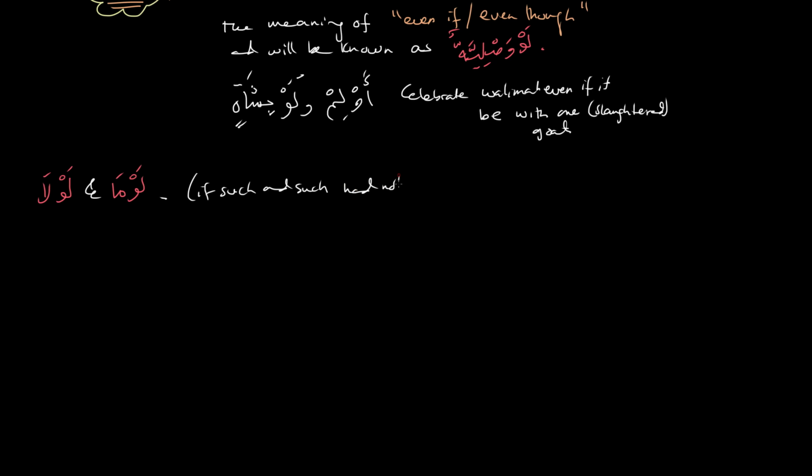Apart from being used for tahdid and tandim, they're also used to demonstrate that the second sentence, the jawab, cannot be attained because of the presence of the conditions of the first shart.